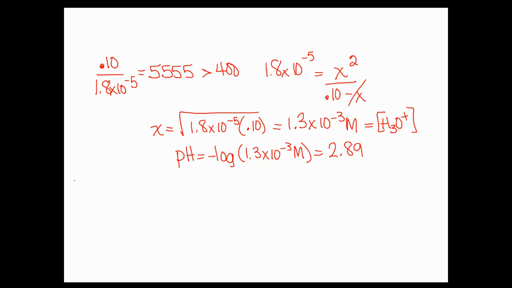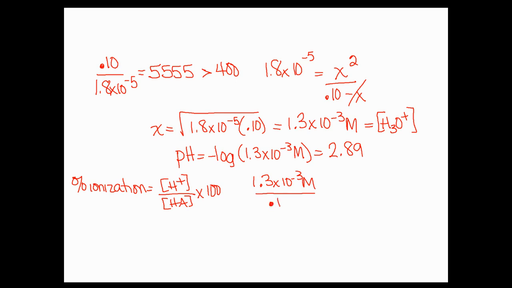So let's talk about the percent ionization for a second. That's going to be the amount of H plus over the weak acid. So what percentage is it? And so we're going to take our X and divide it by the original concentration times 100.